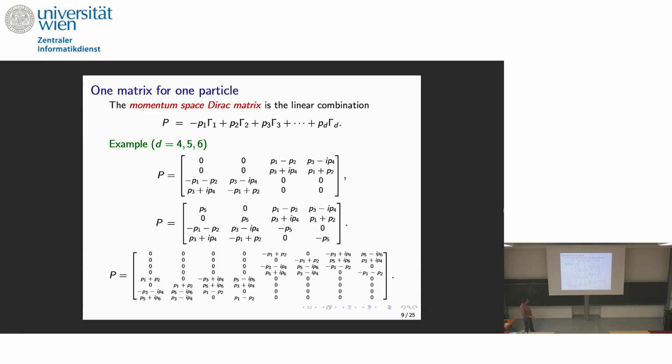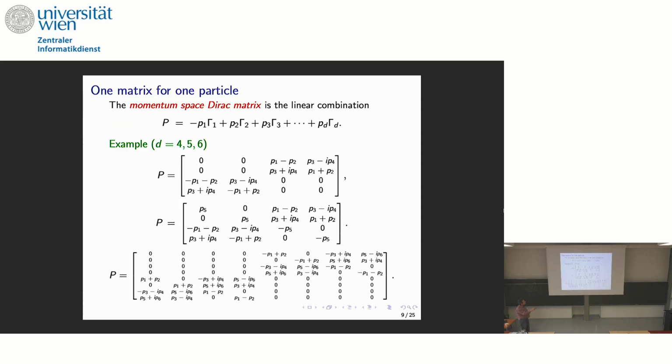Okay, so let's do an example. If d is 4, then k is 2, and 2 to the k is 4. So here is the momentum space Dirac matrix, and the coefficient of p1 is the first Dirac matrix, the coefficient of p2 is the second Dirac matrix, and so on.